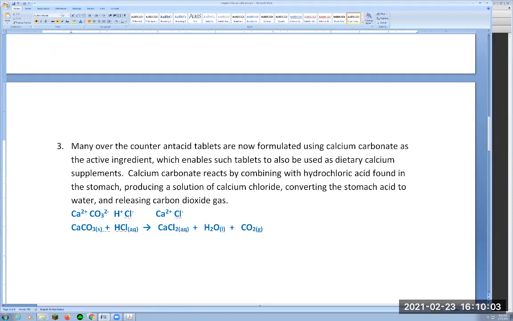So let's now make a count of each type of atom on both sides of the equation. On the left, we have 1 calcium from calcium carbonate, and on the right, we have also 1 calcium in CaCl2. Carbon.